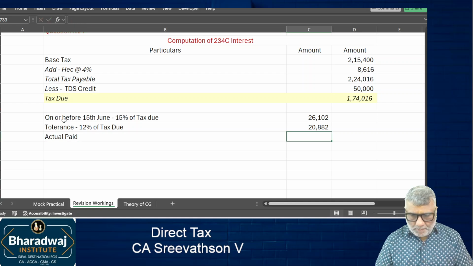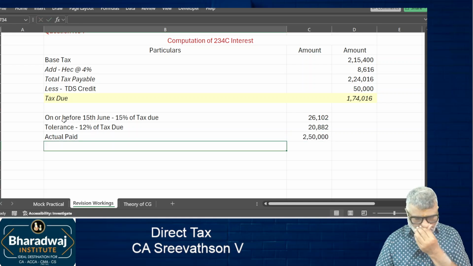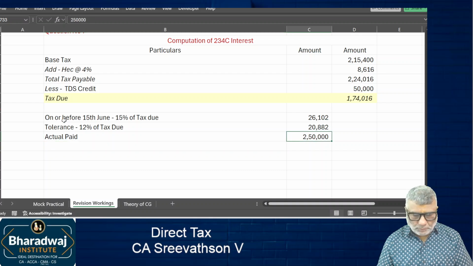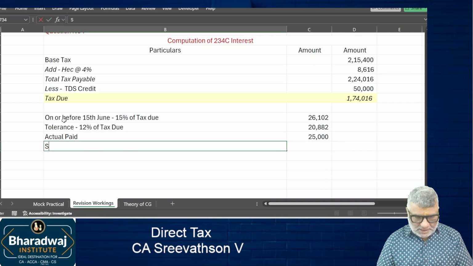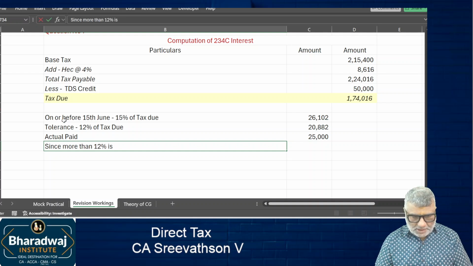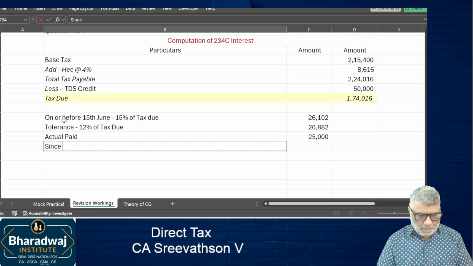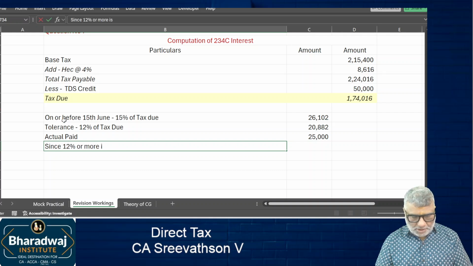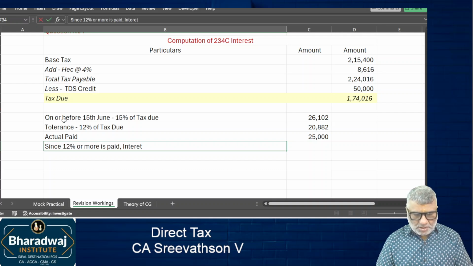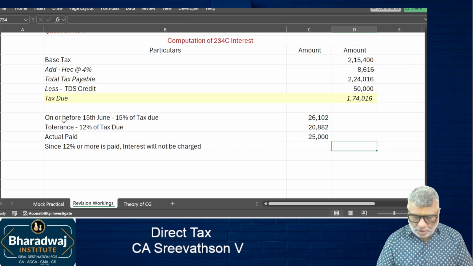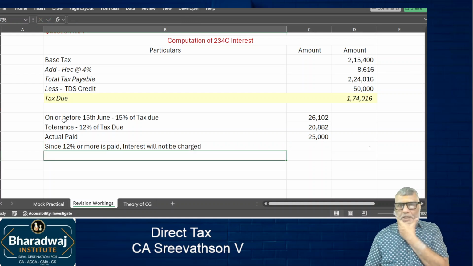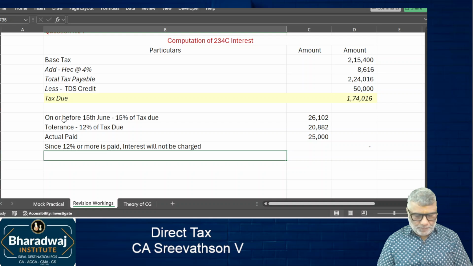Actual paid: since 12% or more is paid, interest will not be charged. So for this installment, no interest under 234C.